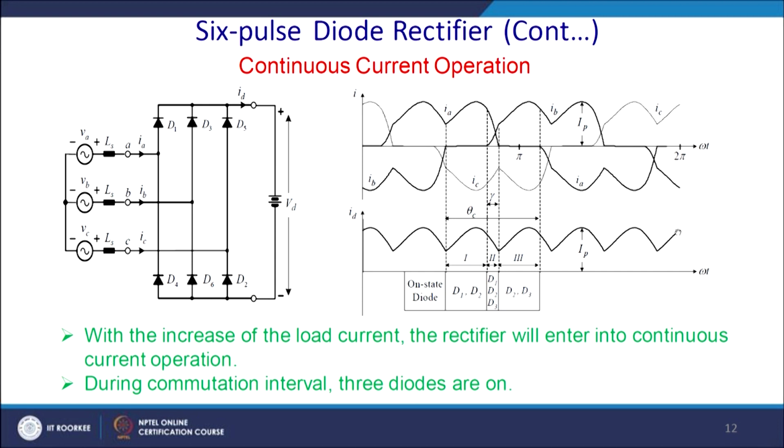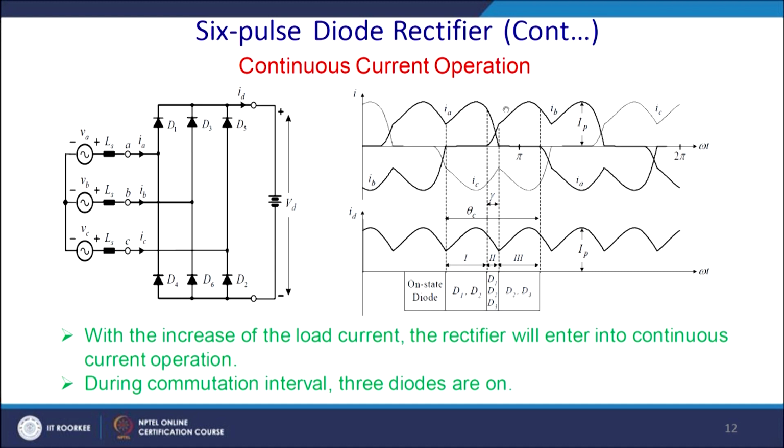Then in some interval of time, when IA is conducting, current is flowing like this, so automatically the return path will be by some diode. IA will be conducting once the current is increasing, so D1 and D2 will conduct. Then in this interval, region 3, you can see that IA falls and IB picks up.